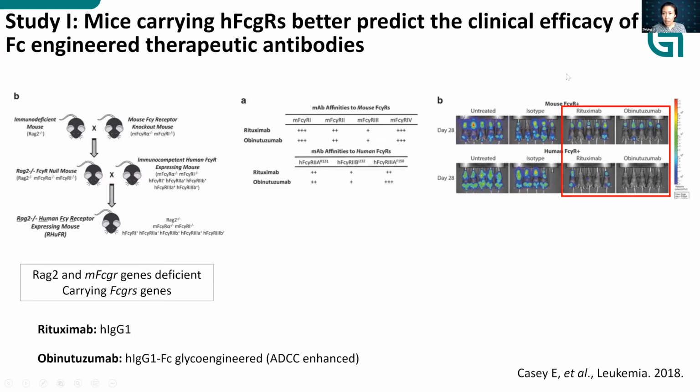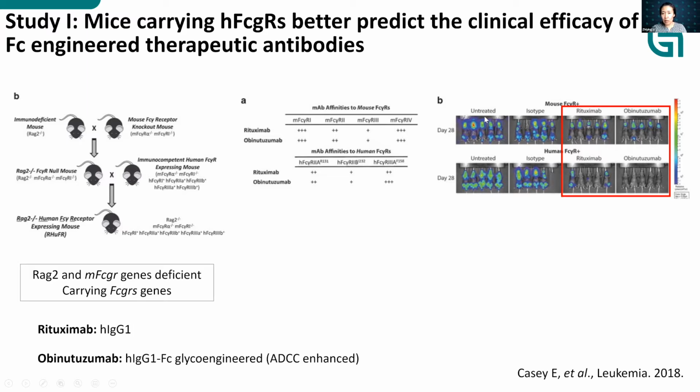As you can tell, here I'm showing you the IVIS tumor measurements, right? So on the top is the control mice, and on the bottom is the experimental mice. The control mice have mouse FcγR.